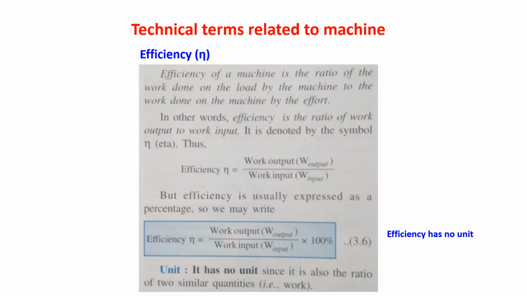From here, one new term, that is efficiency. How much the machine is efficient. Efficiency of a machine is the ratio of the work done on the load by the machine to the work done on the machine by the effort.